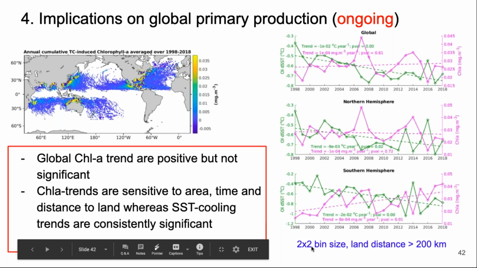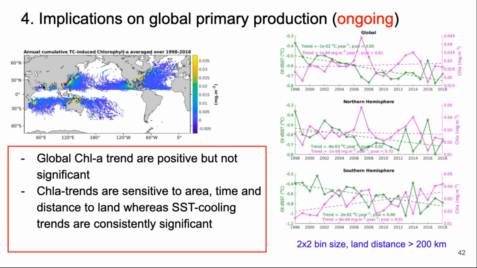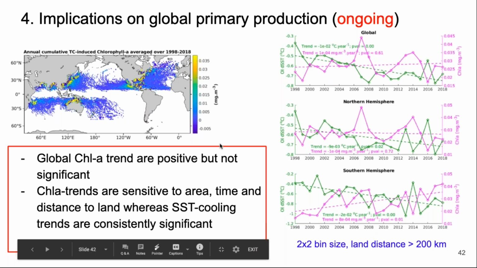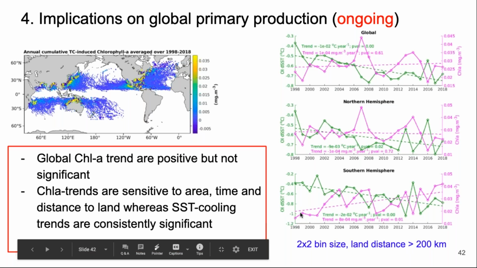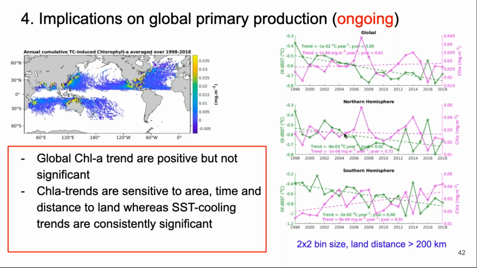If we change to a 2x2 degree bin size and exclude the coastal areas, where we have very strong chlorophyll as well as sometimes negative TC-induced chlorophyll A, we find that the trend in the southern hemisphere becomes significant at 99%. But the global scale and the northern hemisphere are still not significant.